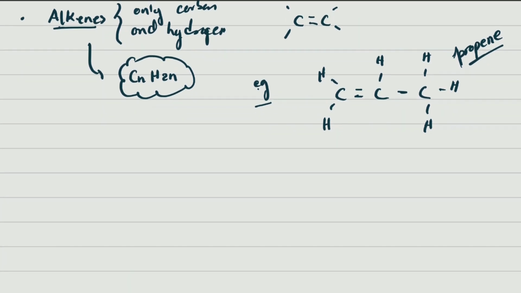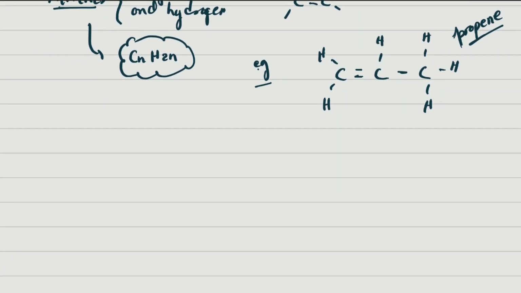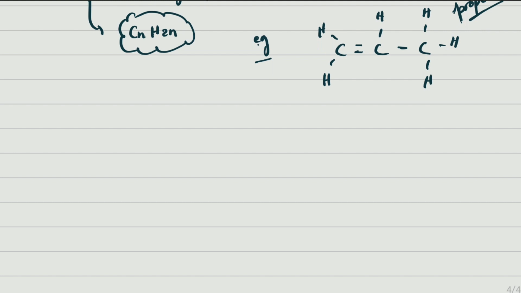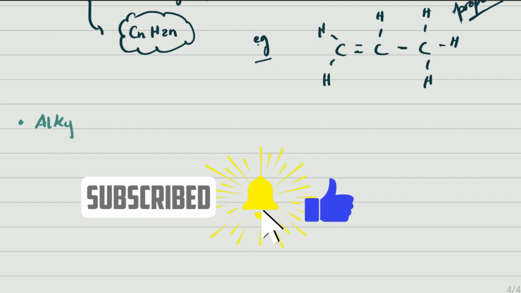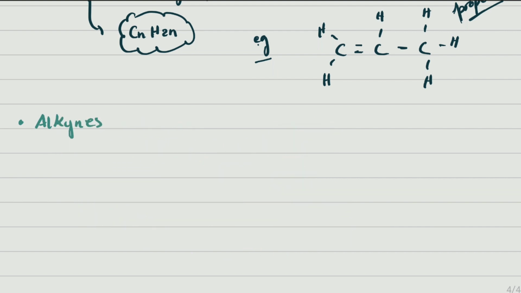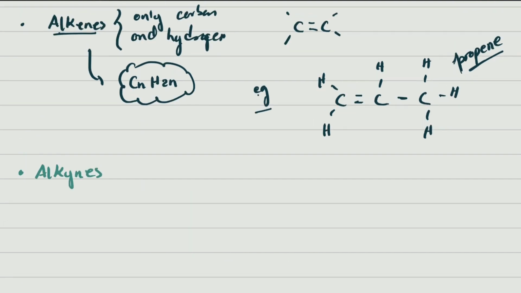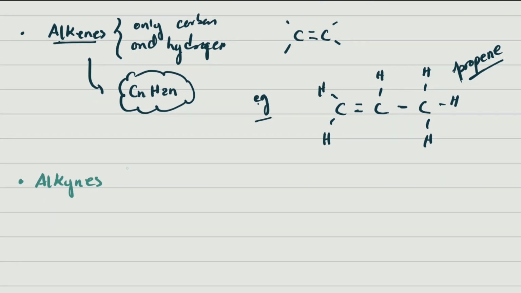Let's go to the third one and follow, as we said, the same trend. Now, the next one we're going to do is the alkynes. The alkynes, as we said previously, are only carbon and hydrogen.